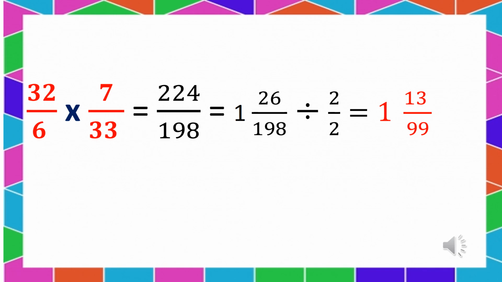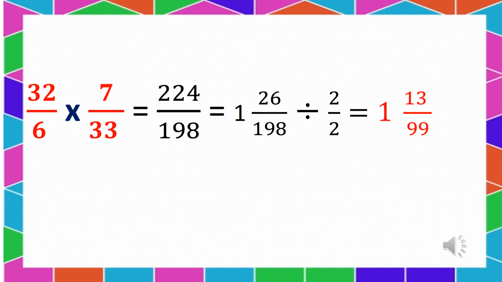Okay, looking at our answer, 26 over 198. 26 and 198 can still be reduced, because 26 has two factors. We have 1 times 26 and 2 times 13. So we will use 2 as our common divisor, so that we can reduce 26 and 198 to the lowest term.